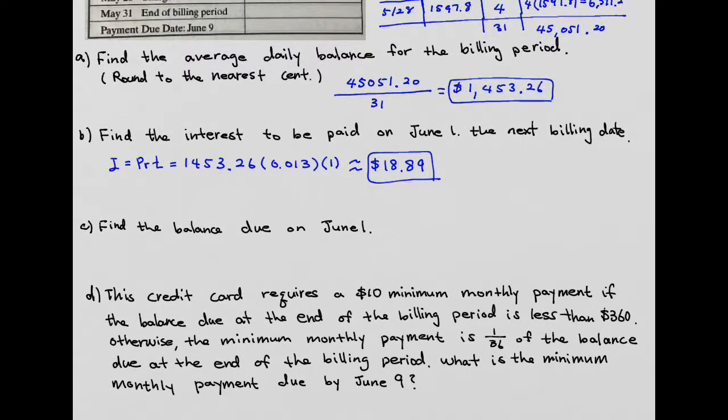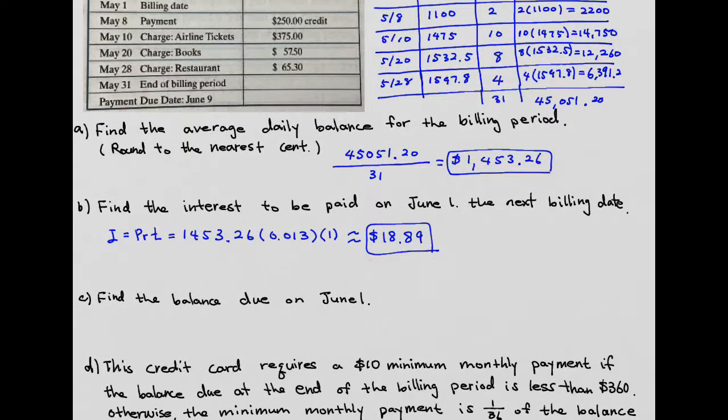And the third question we need to answer is, find the balance due on June 1st. So we know the balance, and we know the interest. The balance due on June 1st is going to be the balance that we found before, and add interest to it. So when we look back at our chart, the last amount we had on the last day of May is this amount, right?